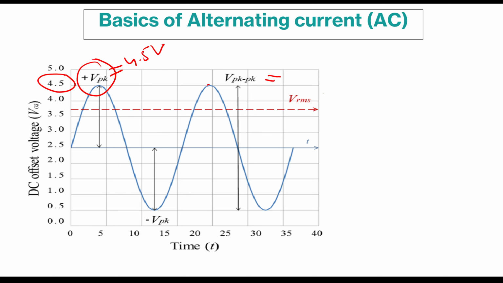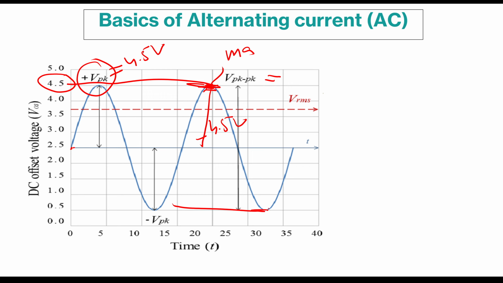The peak to peak is double of this. Peak to peak means the voltage from here to here. This is coming 4.5 volt, and in this case it is not zero here.